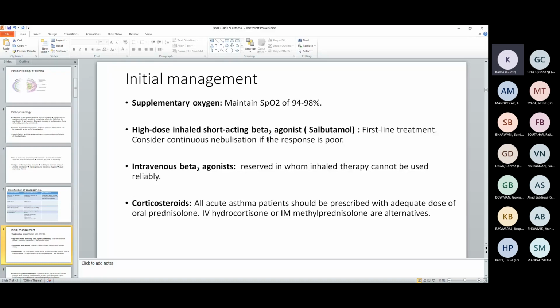But if there is no response, sometimes we may need to go for continuous or back-to-back nebulization. If the patient is not suitable for the inhalation technique, or has not responded to that, we may try an intravenous beta-2 agonist. And all patients should receive corticosteroids, normally oral, but if they can't tolerate oral, then we can consider IV hydrocortisone or IM methylprednisolone.